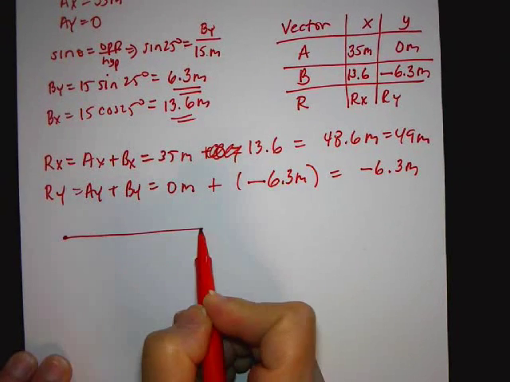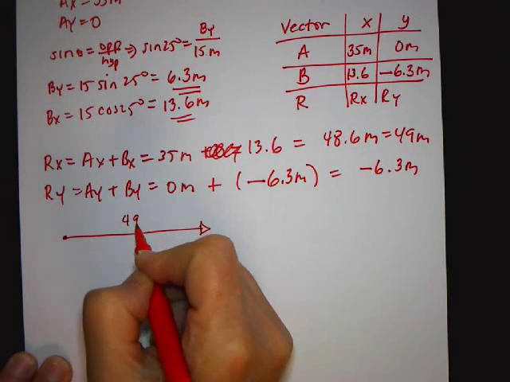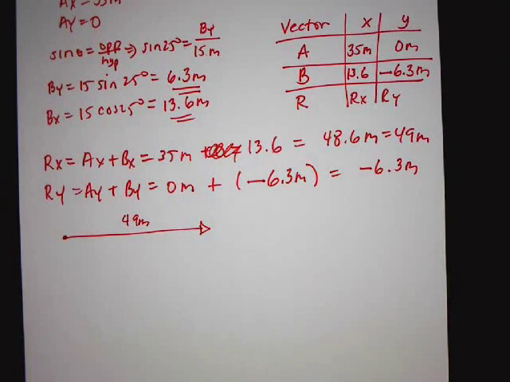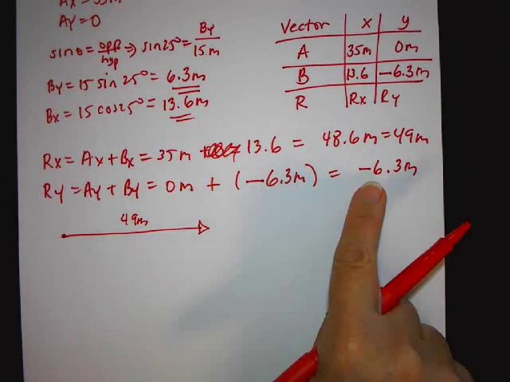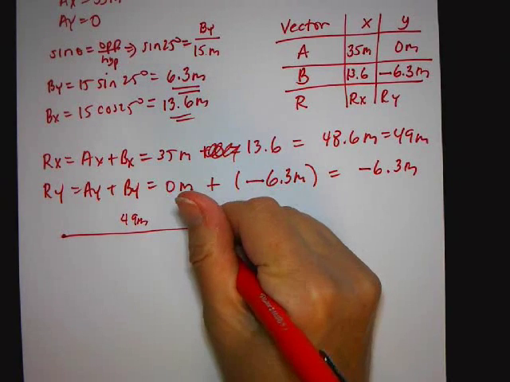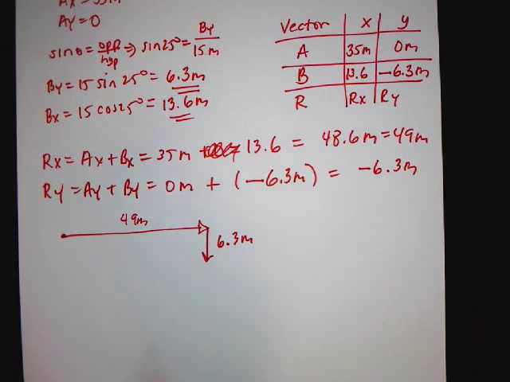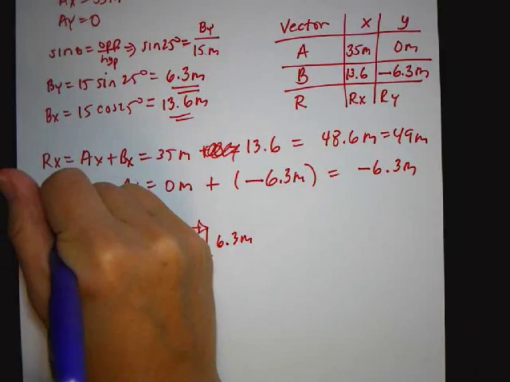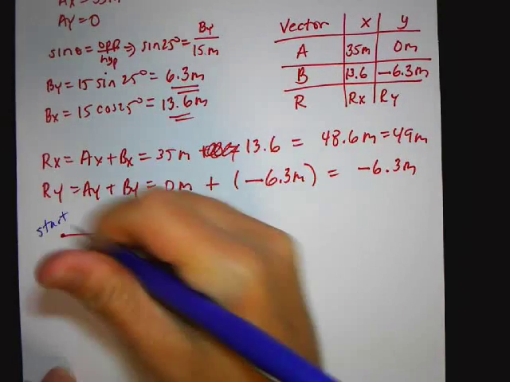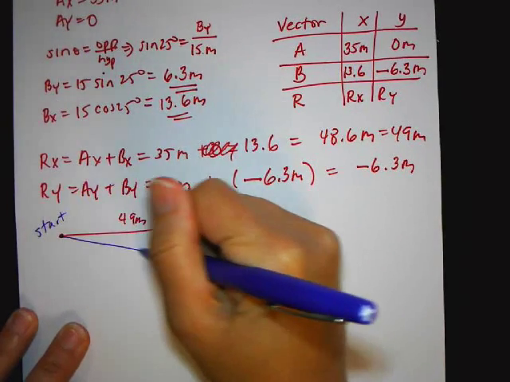See, the negative sign is in my direction there. From where I start to where I end up, I'm going to draw a line. The tail is where I start. The head is where I end up. So this is why I'm going to draw the arrow this way. The magnitude of this is going to be my resultant.